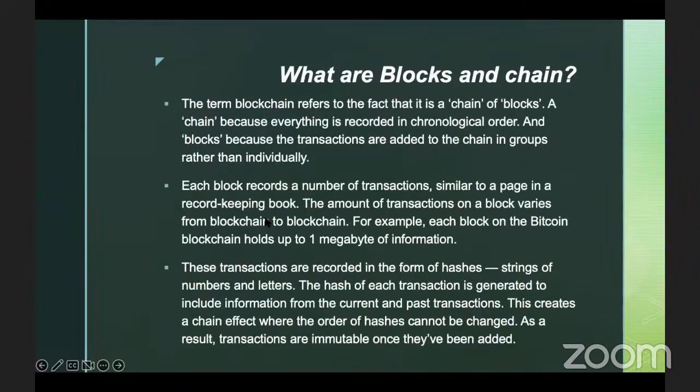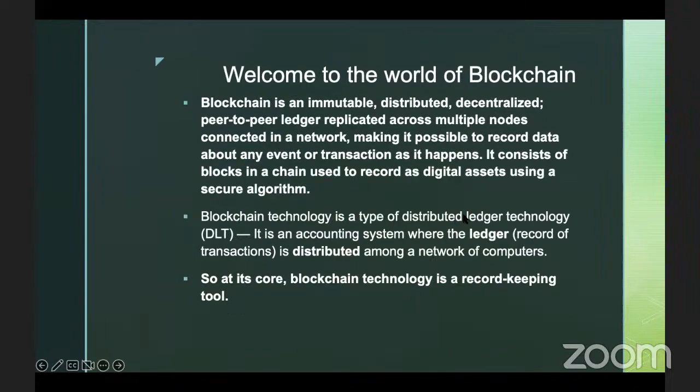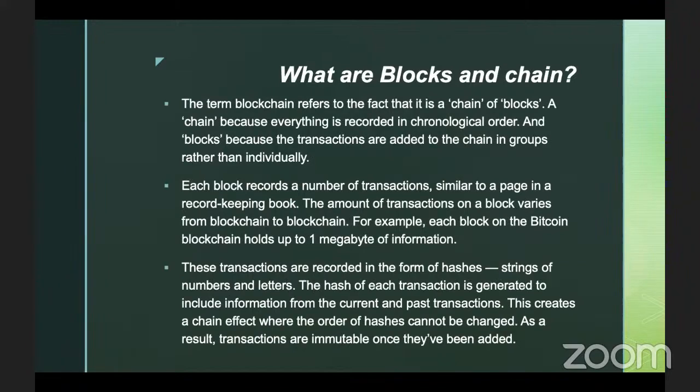You can conclude that blockchain technology is a type of distributed ledger technology. It's an accounting system where the ledger, meaning the record of transactions, is distributed among a network of computers. So at its core, blockchain is a record keeping tool which is secure and transparent.